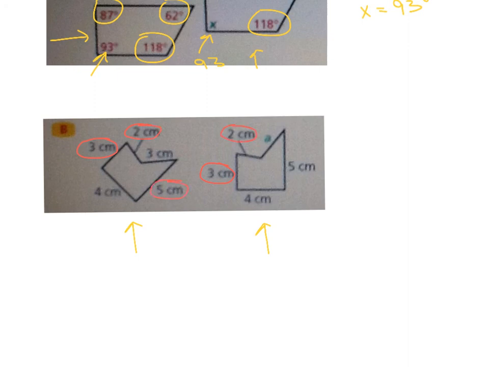This side's 5 and this side's 5. And this side's 4 and this side's 4. Now, this side is 3 centimeters, and we haven't done anything with this side here. So I would guess, and be very confident in my guess, that A is 3, because this diagonal line is 3, and this line is also diagonal.